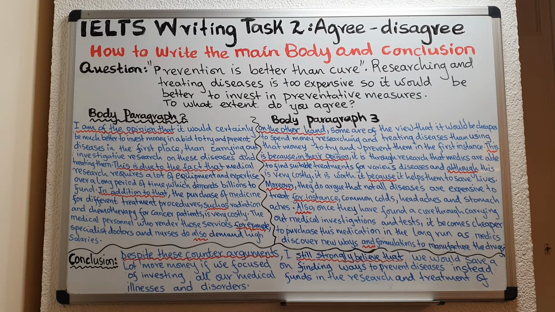I have actually uploaded all the videos on all the different types of formal essays that you could get for your task 2. So have a look at my playlist on writing task 2 for more details about that.